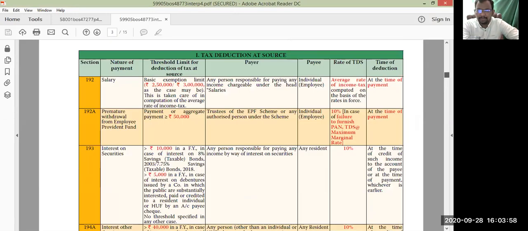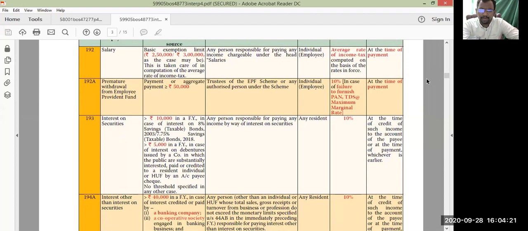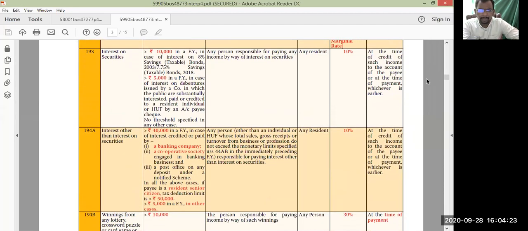Here you can see all the TDS provisions on a single page, in a very crispy manner. Excellent initiative taken by ICAI, right? So 192, 192A: when it should be deducted, who is the payer, who is the payee, rate of TDS, time of deduction. Are you following?